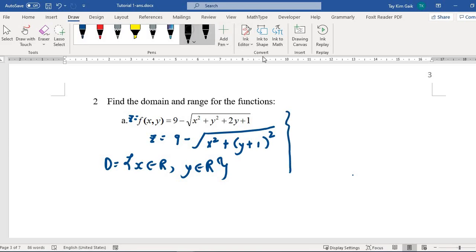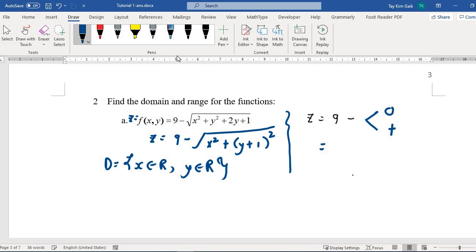Range. Okay, z, we have positive 9, minus this square root, which can be 0 or positive value. So to put it another way, 9 minus a value either 0 or positive.